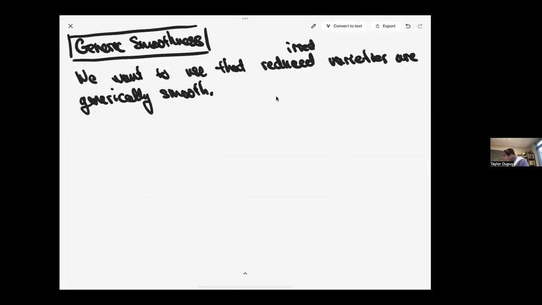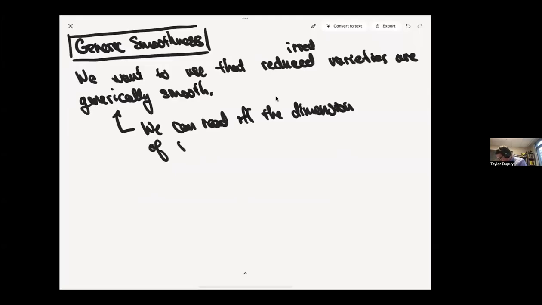What this tells us is that we can read off the dimension of a variety from its tangent space, its tangent bundle, or I can say the tangent space at a generic point.